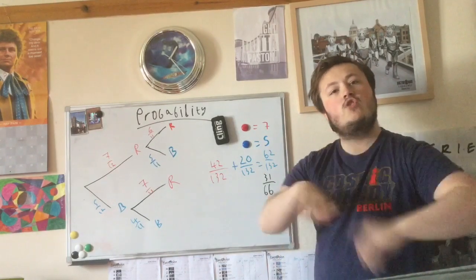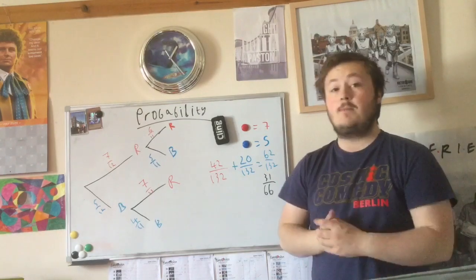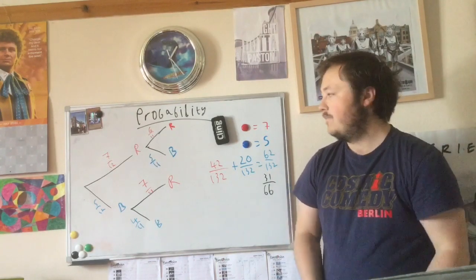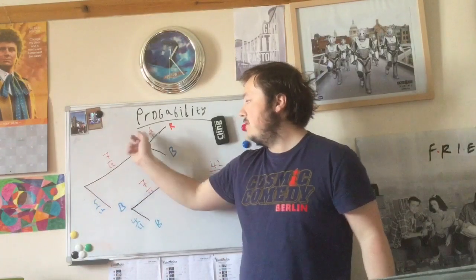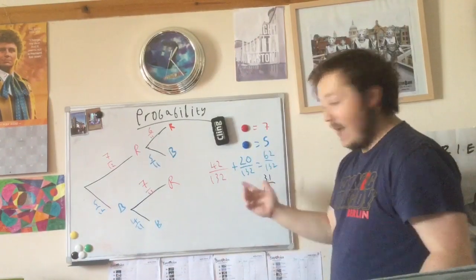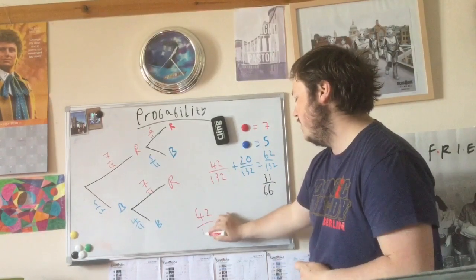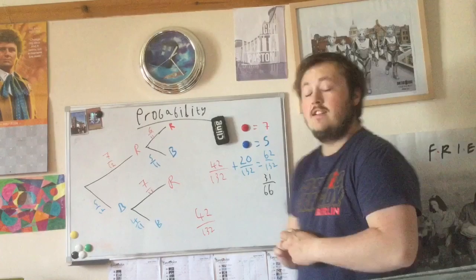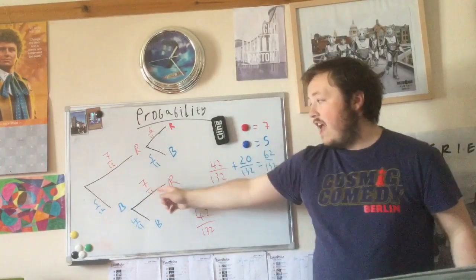So let's now focus on the second question, the probability that the second bead I draw will be red. So we've obviously got the first one up here. If the first one's red, the second one's red. That probability, we had it written down earlier, 42 over 132. Now the second one will be different because we draw a blue bead first and then a red bead.